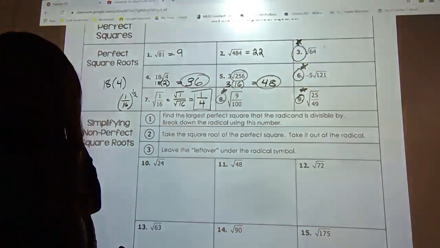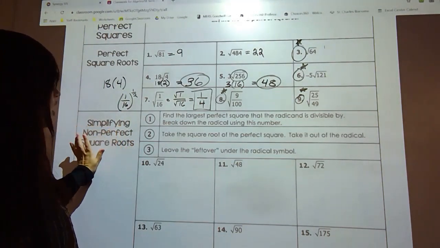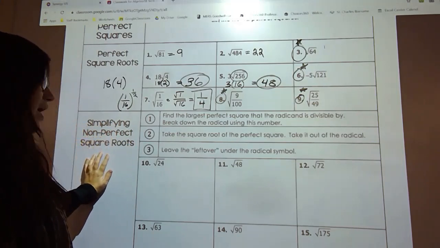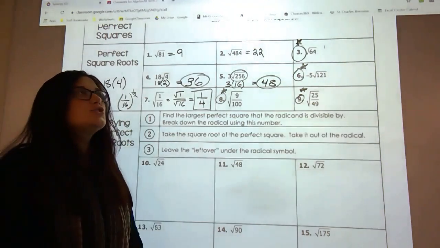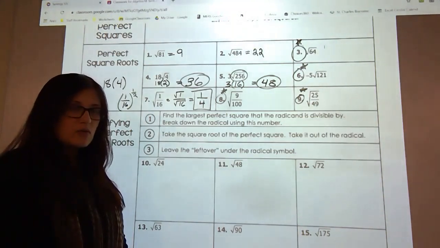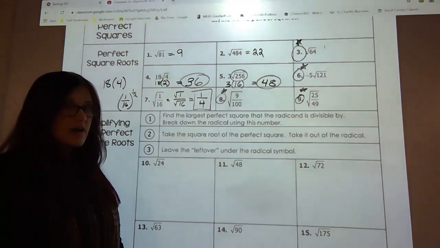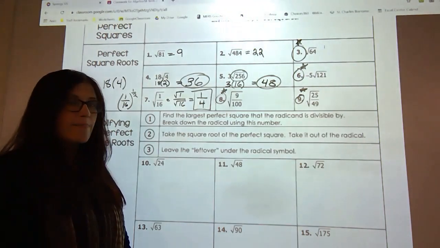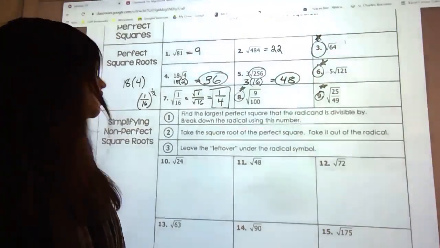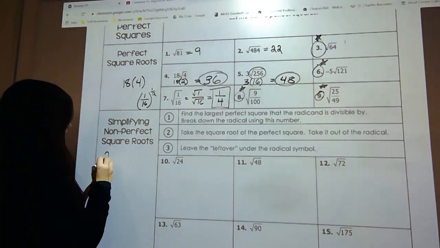So the next step, we are going to be simplifying what we call non-perfect squares. I want to show you a technique that maybe you've heard of before. It's going to help us simplify some of these radicals. So you can have the number, let's just say 24.